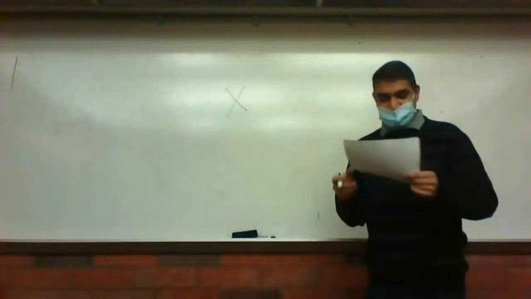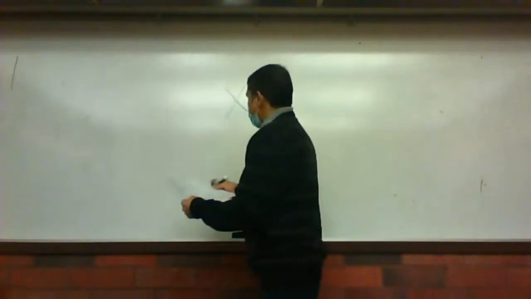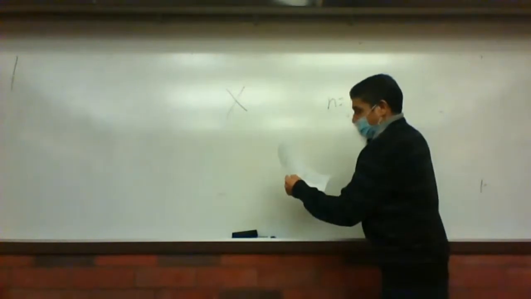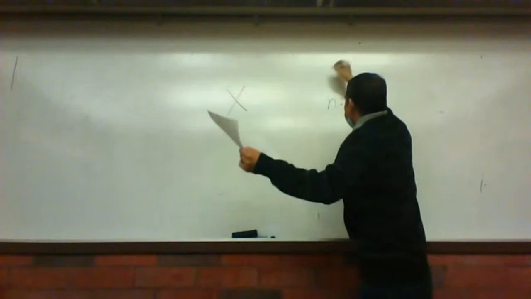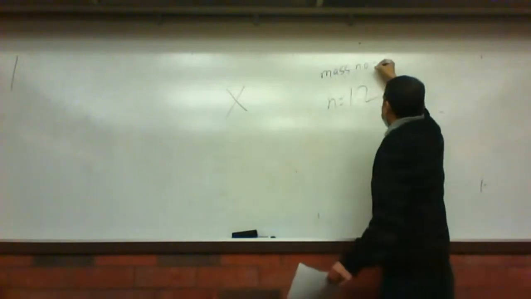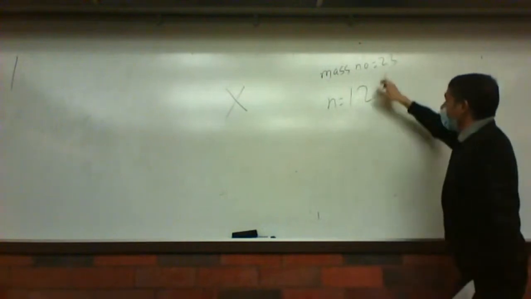It says 12 neutrons, and the mass number is 23. This is the bigger number, this is the other number, so subtract from this to this.